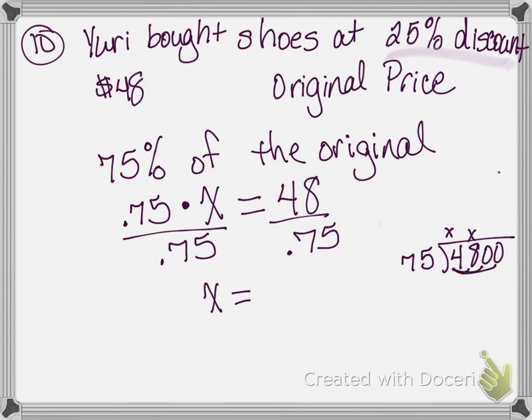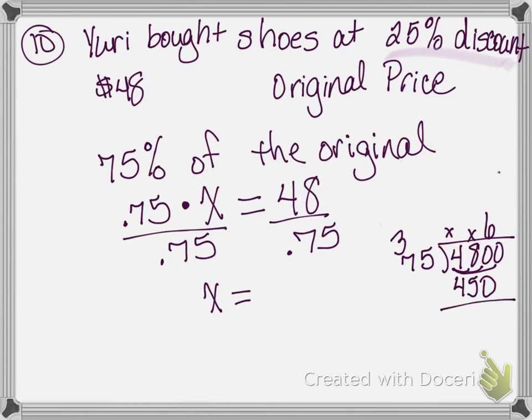Now, there's a little bit of guessing and checking here. 75 is kind of towards 80. How many times does 80 go into 480? 6 times, okay? We're not 100% sure that 6 is correct, but we're going to try it. So if I do 6 here, 6 times 5 is 30. 6 times 7 is 42, plus 3 is what? 45.